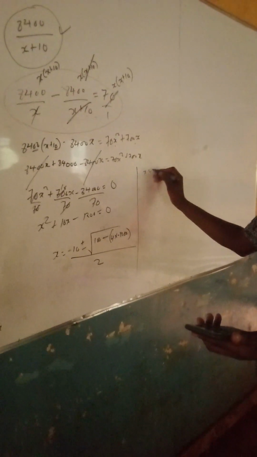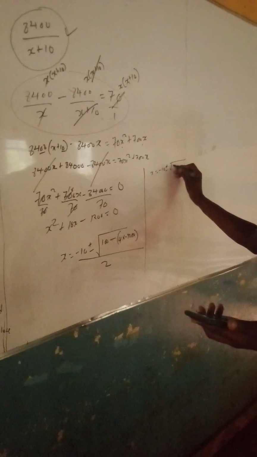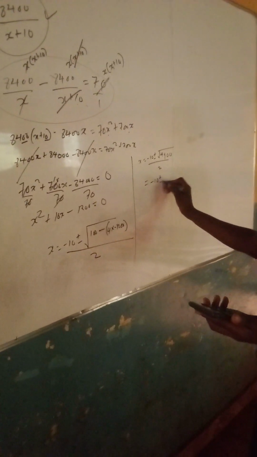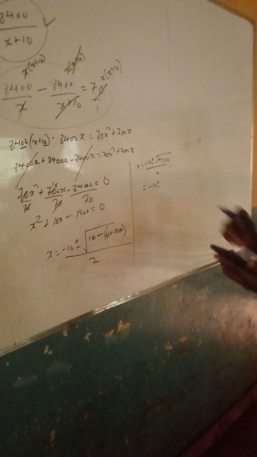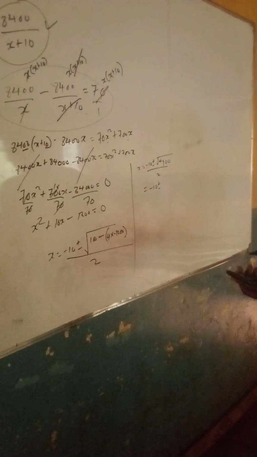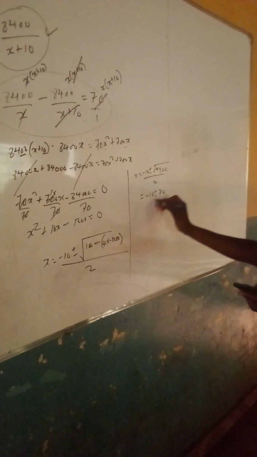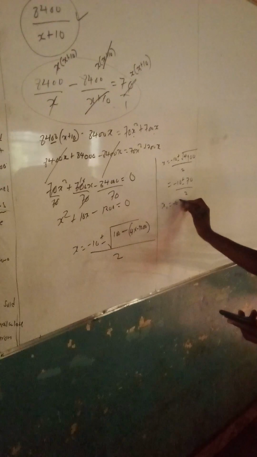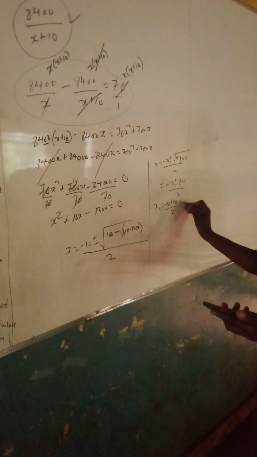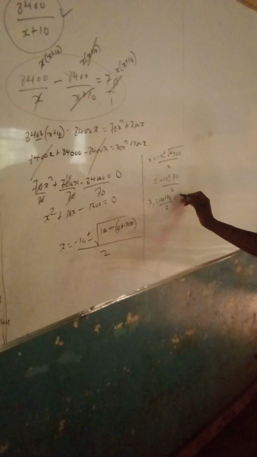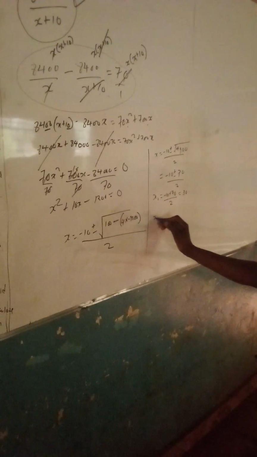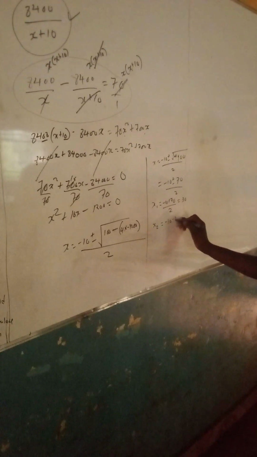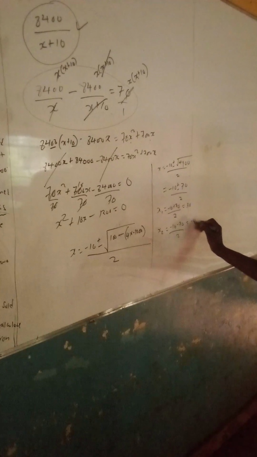So x will be negative 10 plus or minus the square root of 4900 over 2. The square root of 4900 is 70. So x number 1 is equal to negative 10 plus 70 over 2, which is 60 over 2, 30. x number 2 is negative 10 minus 70 over 2, which is equal to negative 40.